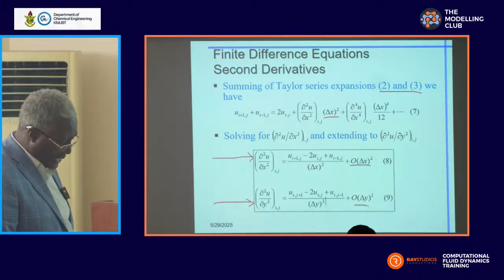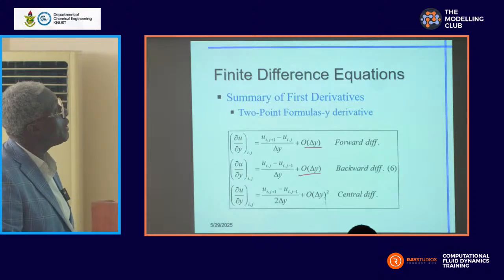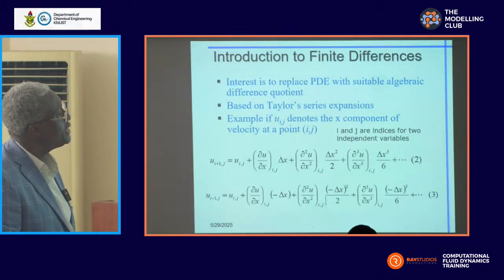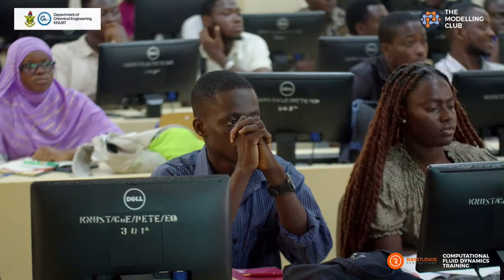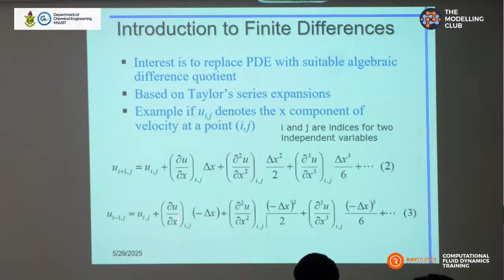Now, let's go back to our 2 initial equations that we started out with. On the other hand, if instead of subtracting, we add these 2 equations together, then you end up with u i+1 plus u i-1 on the right-hand side.